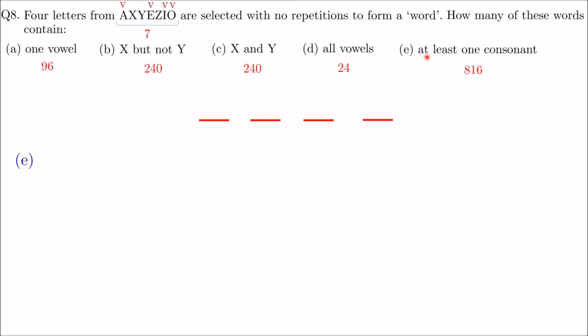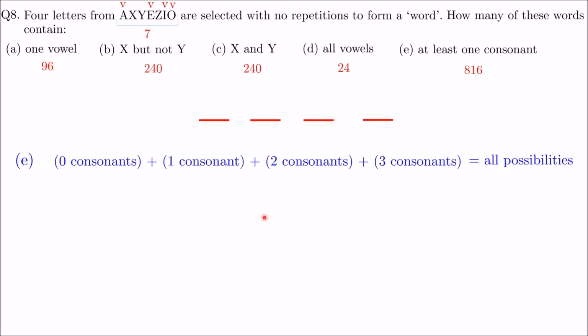Okay, hopefully with E, you saw that as a subtraction trick question. That's the problem solving strategy of using subtraction, because this is how you should think about it. Think about all the possibilities. Here they all are. No matter which word you build, when you look at the final product, that word either has 0 consonants or it has 1, 2, or up to 3, because there are only a maximum of 3 consonants in this question: X, Y, and Z. So this is the total outcomes, all the possibilities there are.